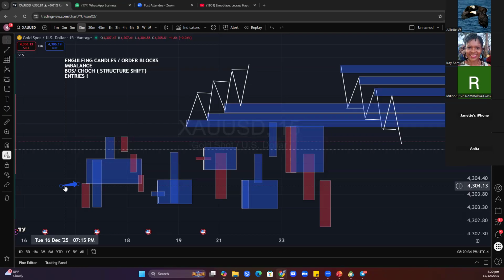They determine whether the rates, whether the value of a currency increases or decreases, whether gold increases or decreases, whether crypto increases or decreases, whether the US dollar decreases or gains strength, based on what's going on in the world.